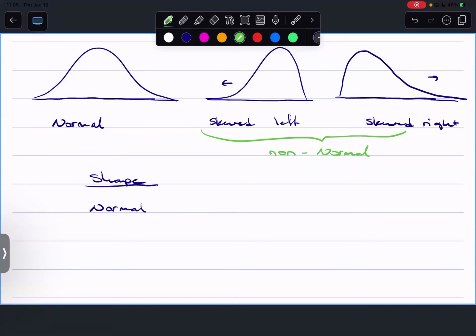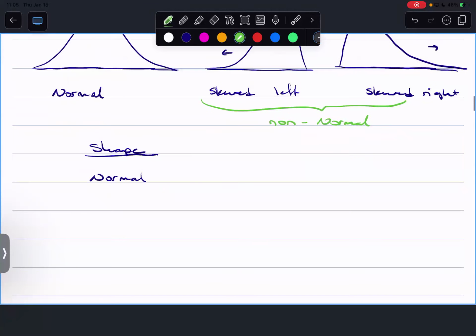So if I have a normal distribution versus a non-normal distribution, I'm calling it review, which is kind of cheeky because we didn't get this far last day, but I'm also kind of introducing the stuff for today.